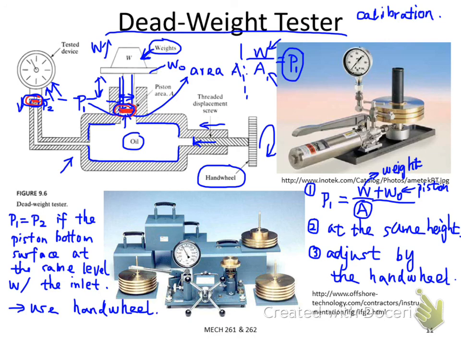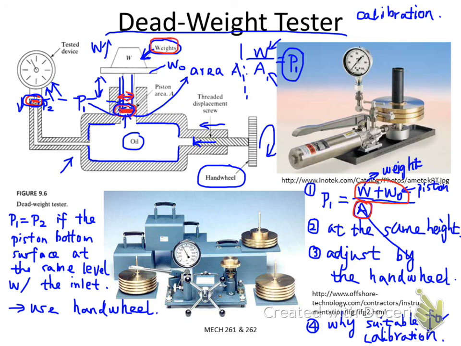And the fourth point here is why it is suitable for calibration. The reason is just that we can control both parameters, the weight parameter here and the cross-section area parameter here, very accurately, because you can do lathe machining to determine the piston diameter very well, and also we can accurately measure the applied weight.